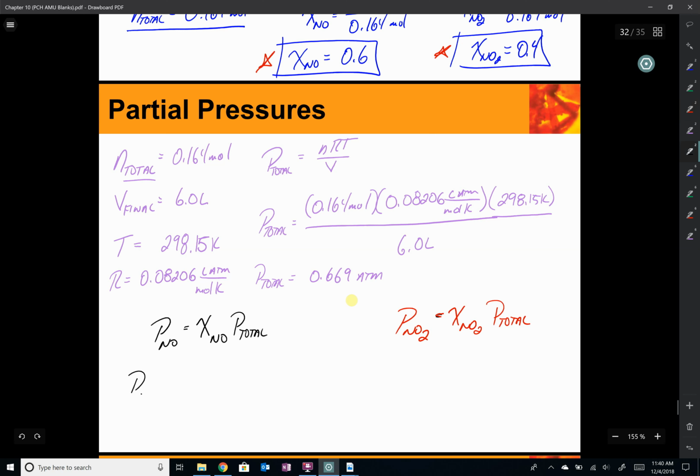So the partial pressure of NO is equal to 0.6 times 0.669 atmospheres, and the partial pressure of NO2 is equal to 0.4 times 0.669 atmospheres.